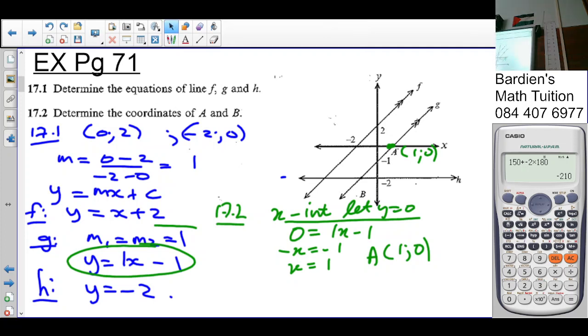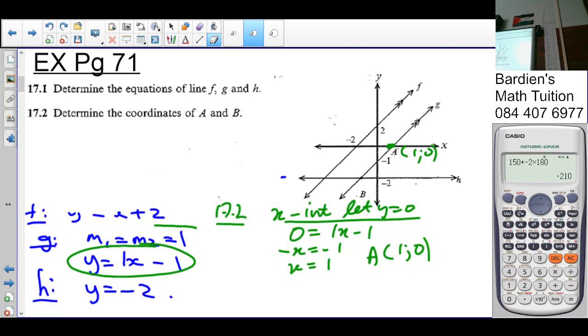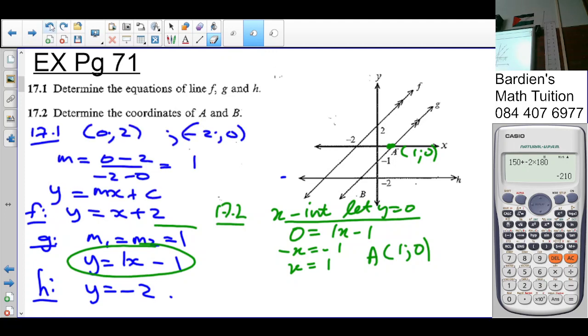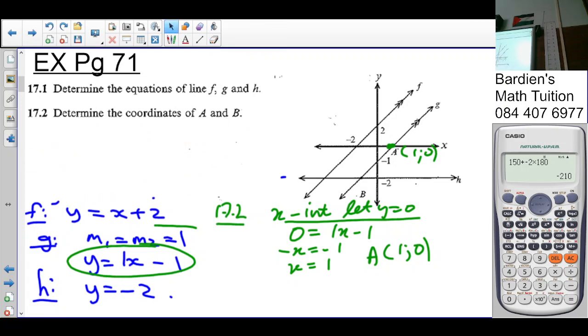Looking at B. B is on this graph here, not so? Yes. What is your y value of B?